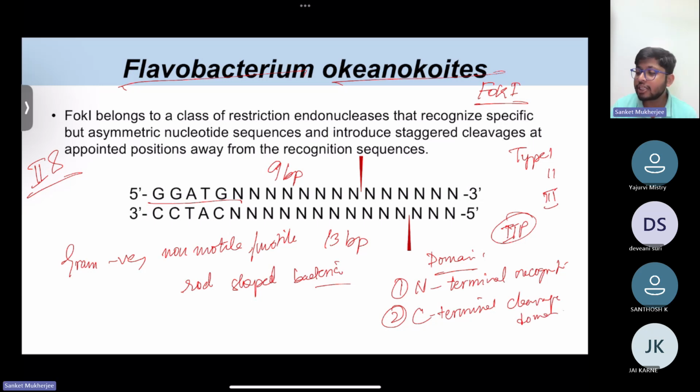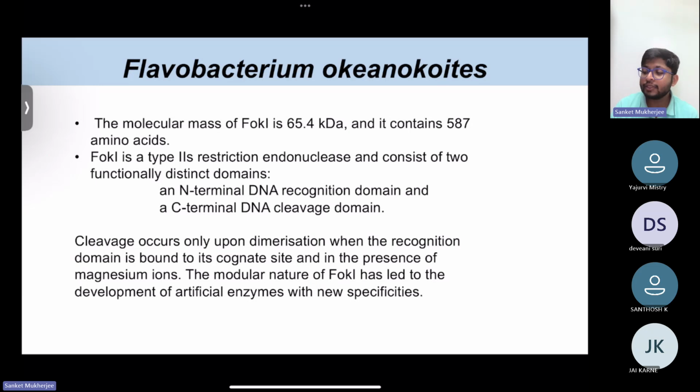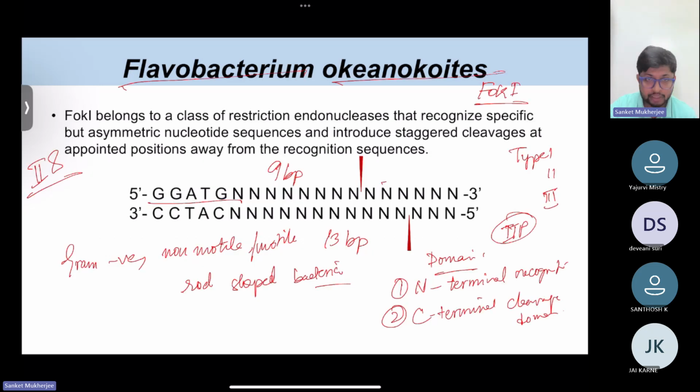How does this cleavage happen? So cleavage happens when the enzyme binds to the recognition site, and in the presence of magnesium ions, there is cleavage.